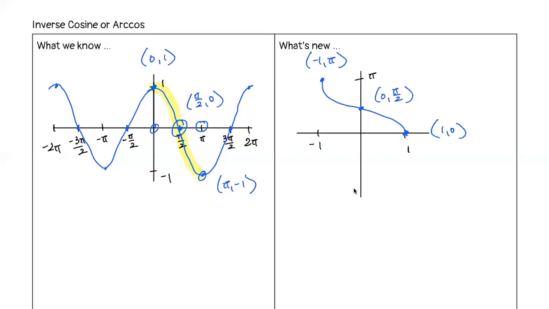And so if we think about our domain and range here, we can look at the graph. The range starts from 0, goes up to pi. The domain, I'm sorry, that was our range, 0 to pi. The domain goes from -1 to 1. Okay.